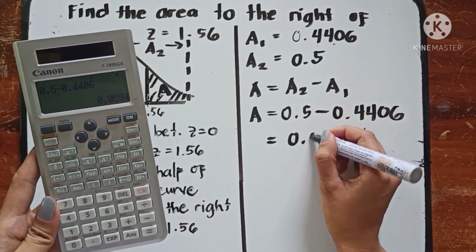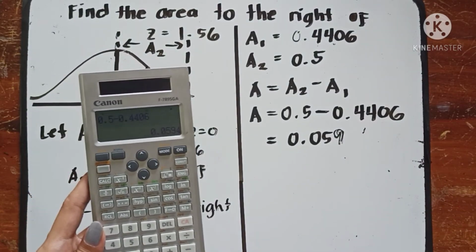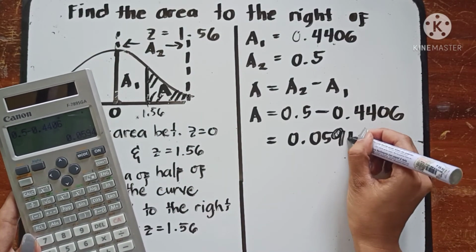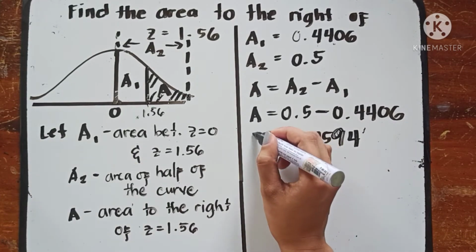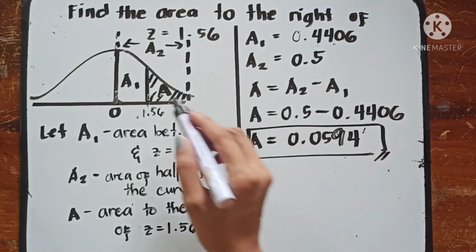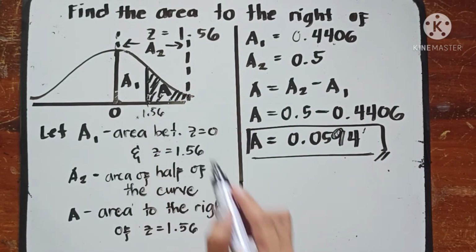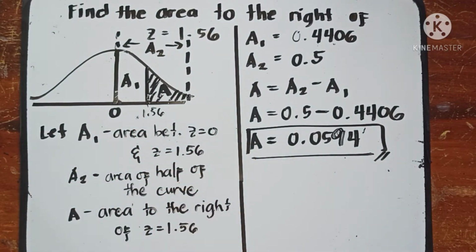So, 0.0594. So, ibig sabihin po, ito yung area. Ibig sabihin, itong part na to, simula 1.56 papunta sa kanan is 0.0594.